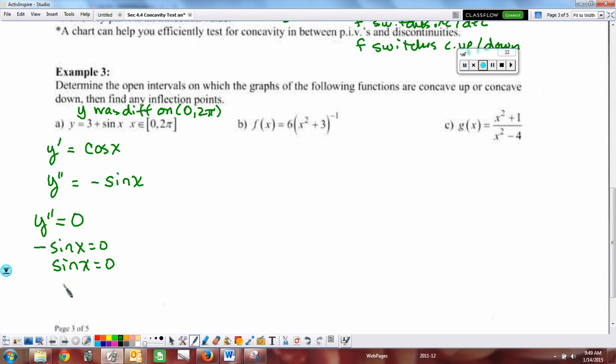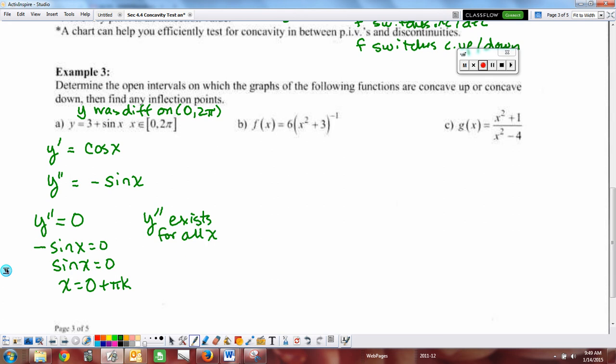And sine of x equals 0 at x equal to 0 plus pi k, which in the interval that we're interested in is basically 0, pi, 2 pi, and so on. So if we start creating a sign chart, and also knowing that y double prime exists for all x, I don't have any of those.